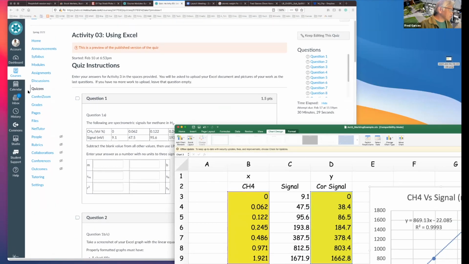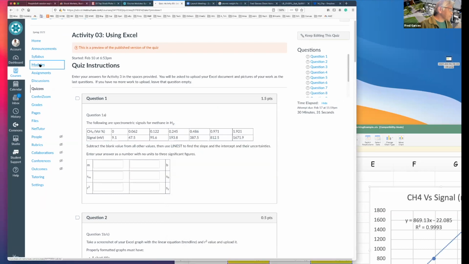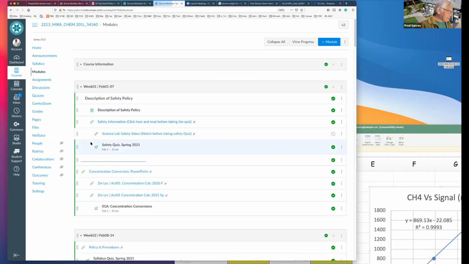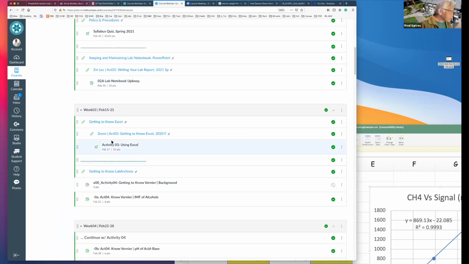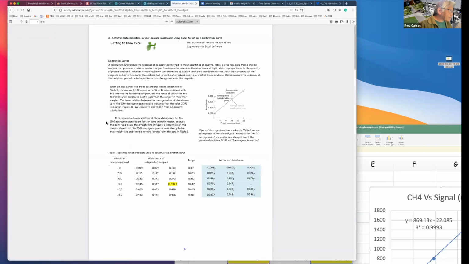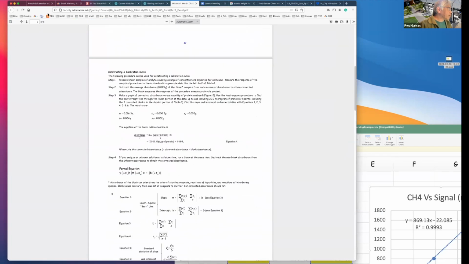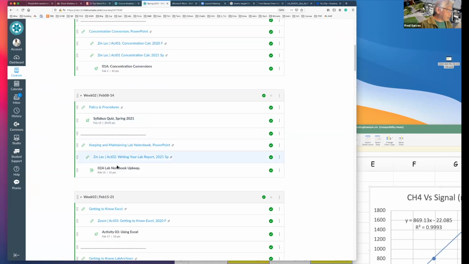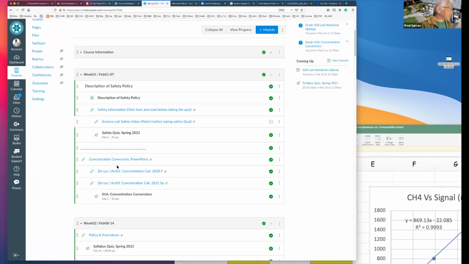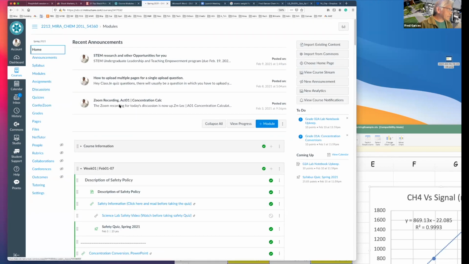Okay, I think if you go to the module page and you look at this part right here, getting to know Excel, that's just a word. I think if you go to the Google Docs, probably. Okay, let's go to Google Docs. I think I put in tutorials in there on how to do Linest. So let me just show you where that is real quick.